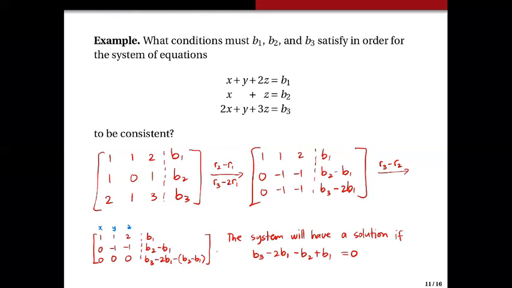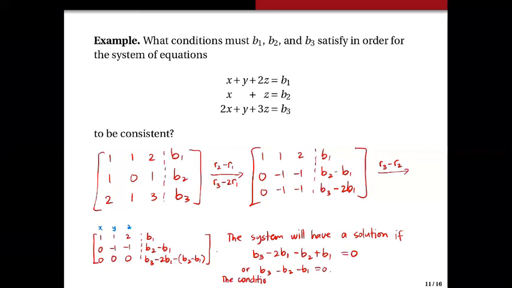Understand? So these must be the conditions that we need. Okay? So if we simplify this, we have here B3 minus B2 minus B1 equals 0. Okay?